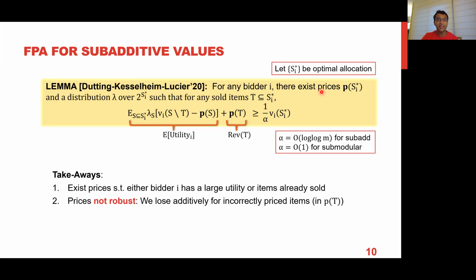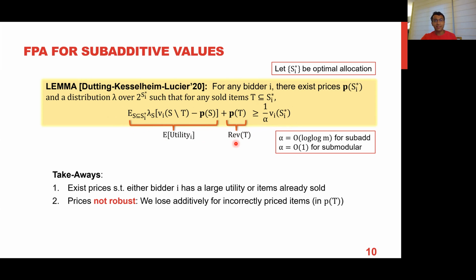Their main technical lemma is that there are some prices such that, if T is any set of items which have already been sold, then the expected utility of this bidder over some distribution, with respect to all the remaining items, S minus T, plus the revenue you've already obtained from the sold items, is comparable to the set of items that this bidder gets in the optimal allocation, S_i star.